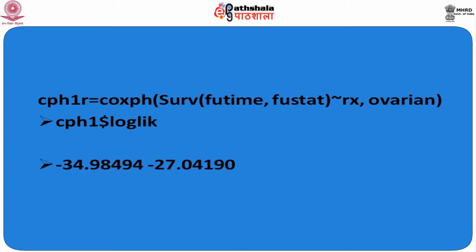Now if you put CPH1R dollar loglik, it gives the range of the log likelihood, minus 34.98494 to minus 27.04190, the log likelihood values for the two models. Obviously the log likelihood value must be negative, but as the value increases and comes nearer to 0, it is better fitted and more suitable for this specific model.